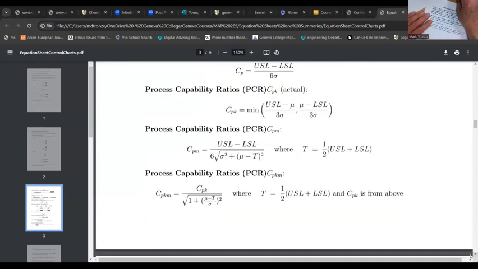And then, like I say, when you do these other calculations, there's a CPK. And then for problem 3, the CPM.